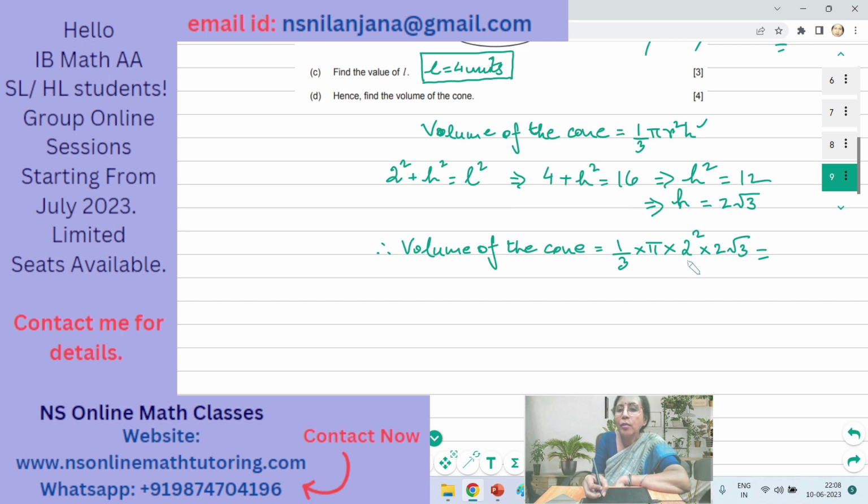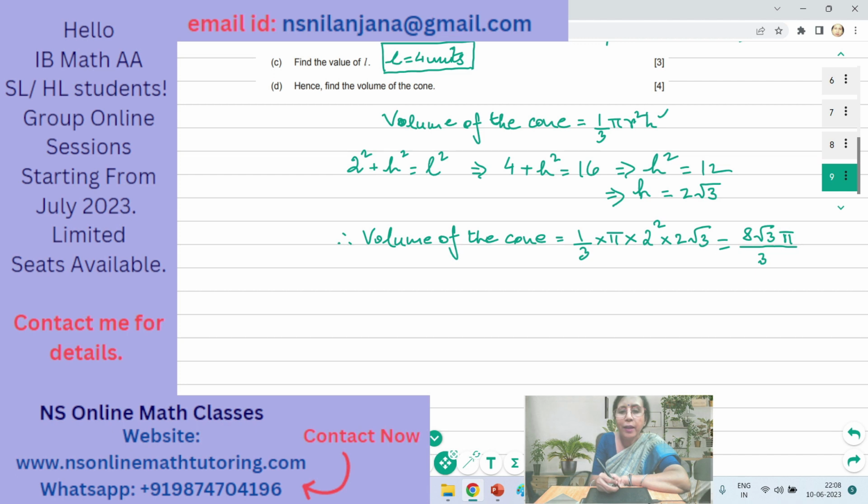So this will be equal to 2 squared times 2, which is 2 to the power of 3, that is 8. So we can write 8 root 3 pi over 3.